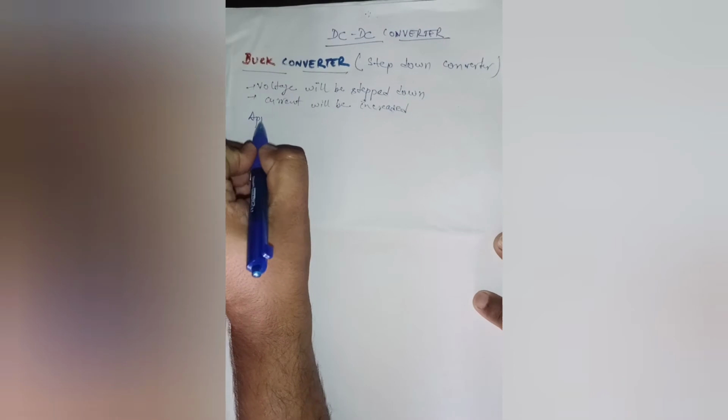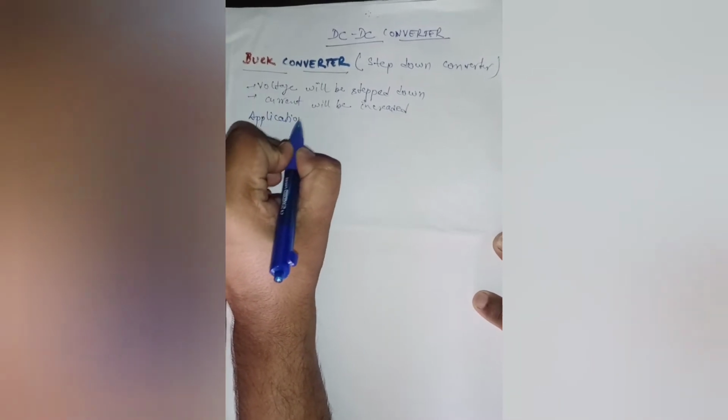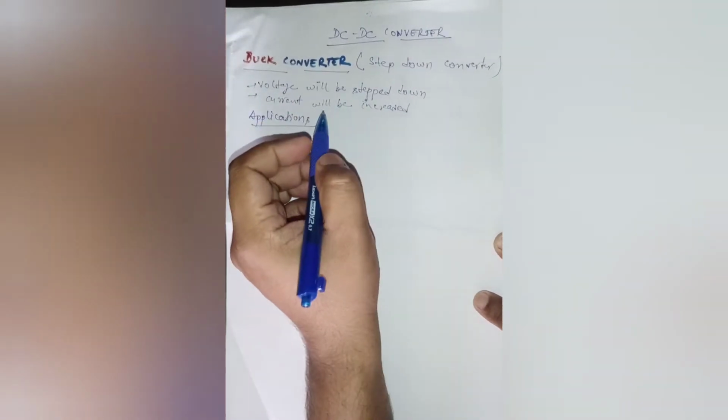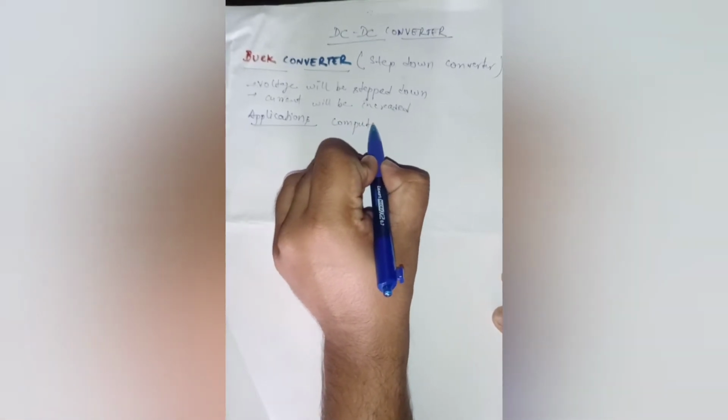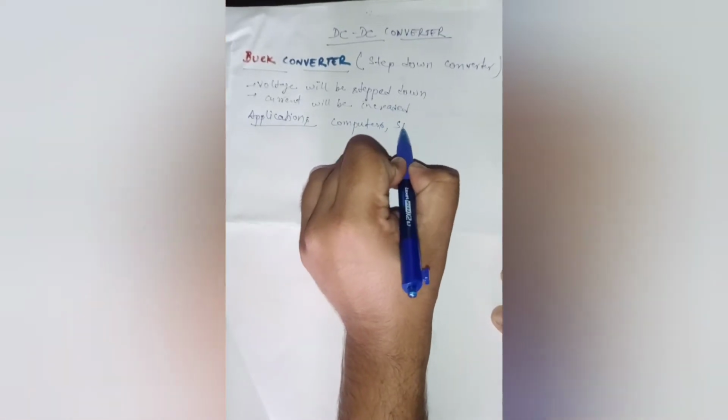If we talk about the applications of buck converter, it is used in computers and switch mode power supplies. These are two examples where we are using buck converters. There are many more examples that we can look into.